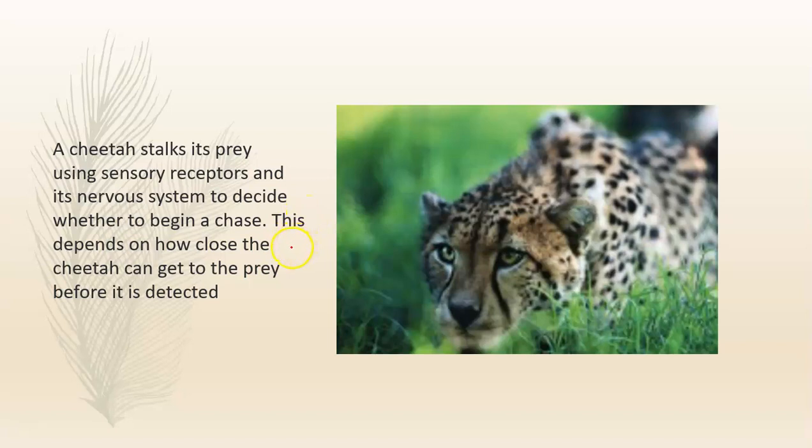This depends on how close the cheetah can get to the prey before it's detected. That's why we are going to talk about the sensory receptors in the nervous system. Specifically, we are going to have some lessons regarding the nervous system, neurons, and how the signals pass through the neurons.